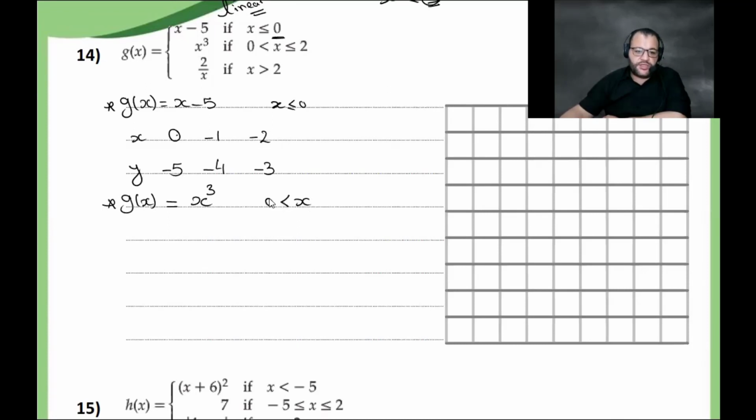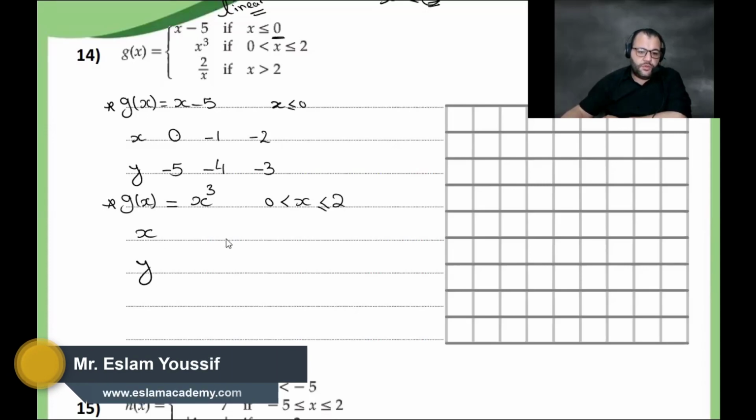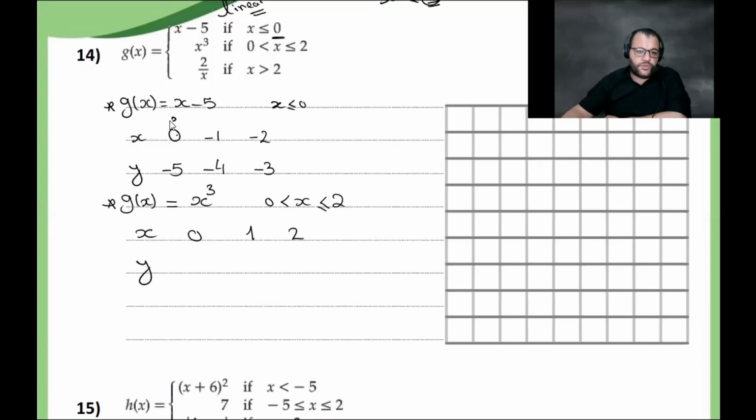X is greater than 0 and smaller than or equal to 2. So you have to start from 0, 1, and 2. For the first one, 0 is open, and 2 is closed. So 0 to the power 3 equals 0, 1 to the power 3 equals 1, 2 to the power 3 equals 8.